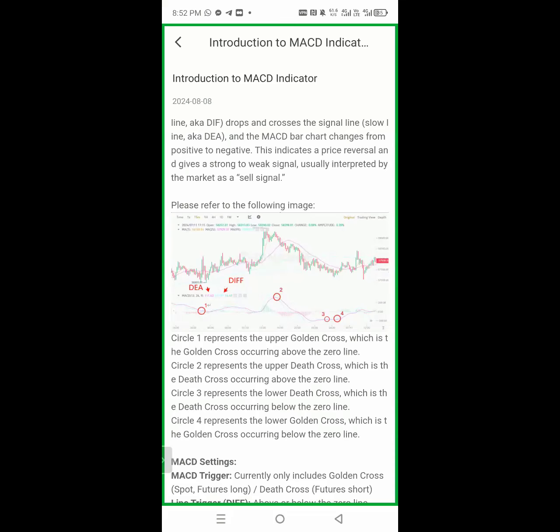Okay, now let's go to cycle 3. It represents the lower death cross, which is the death cross occurring below the zero line. So this one is the one that happens below.